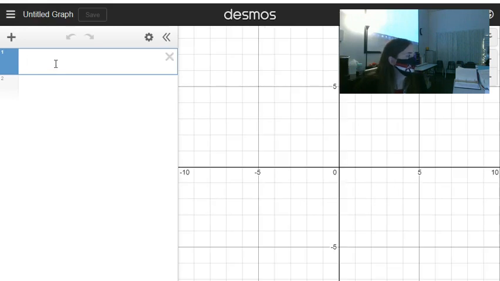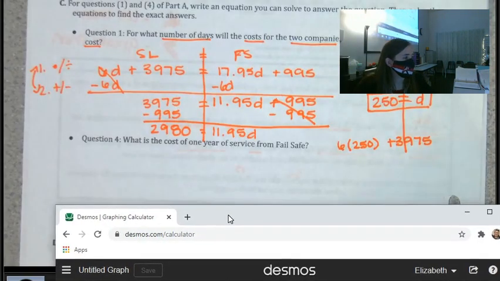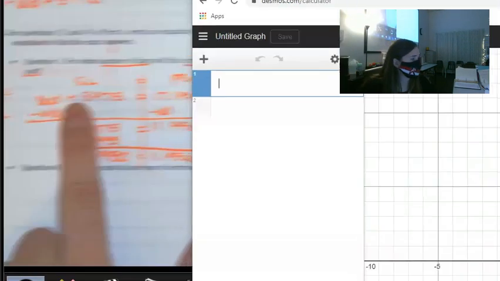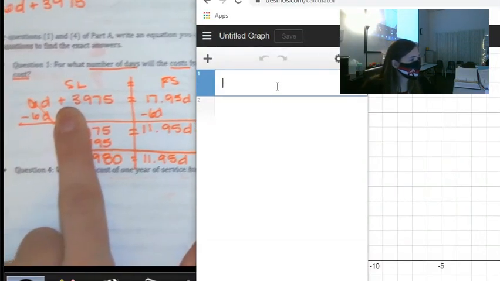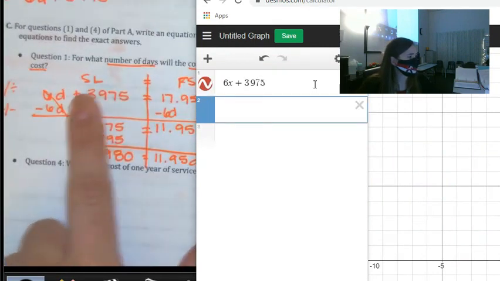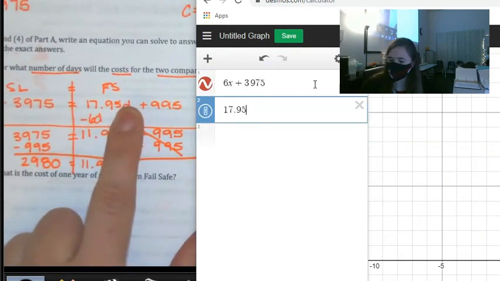Okay, bring it over here. Or we're going to plug in these 2 equations here. So I'm going to put this off to the side, and I'm going to change D to X, so 6X plus 3,975. Okay, enter. 1795X plus 995.